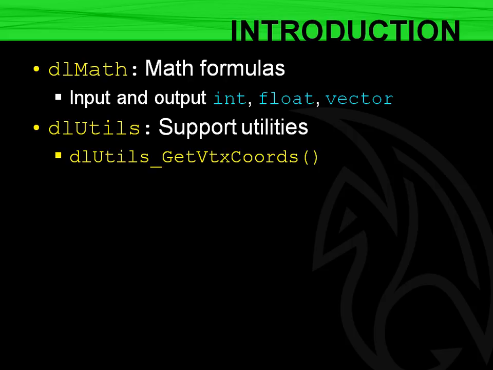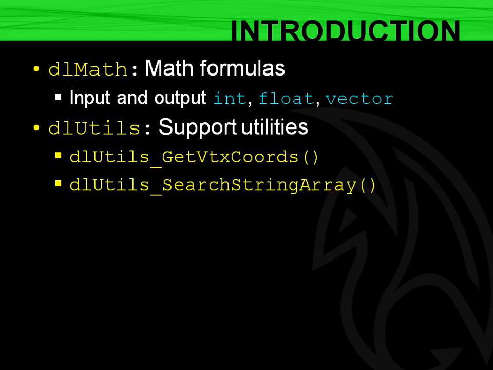That's a string. Because unlike dlmath, support utilities will allow us to use strings. This will give us the vertex coordinates of that vertex. Another example here, dlutils search string array. We go through a string array, and we're going to look for a certain word, and if it is in there, then it's going to give us either a true or false result.